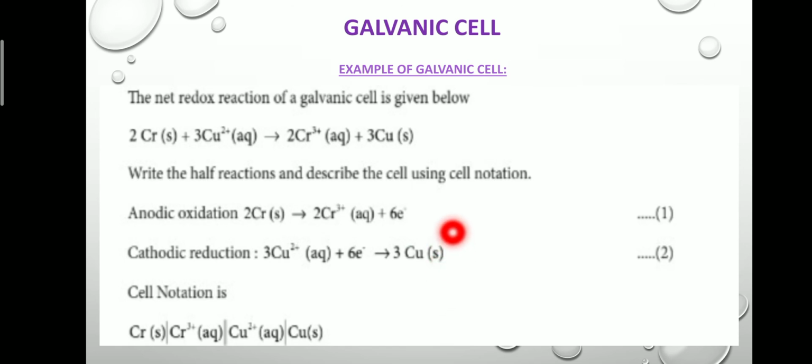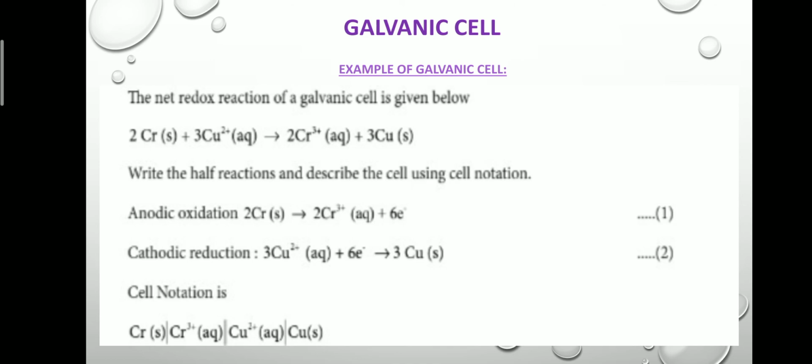Once we have written the half cell reactions, it is very easy to write the cell notation. On the left side we write the anode reaction, with a slash in between to represent the phase boundary, followed by a double slash to represent the salt bridge, and then the cathode reaction.